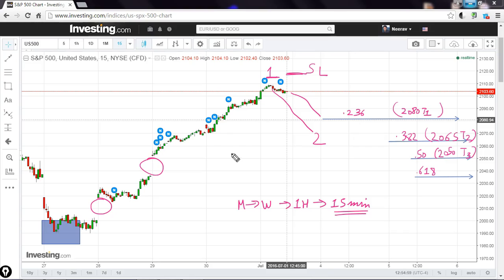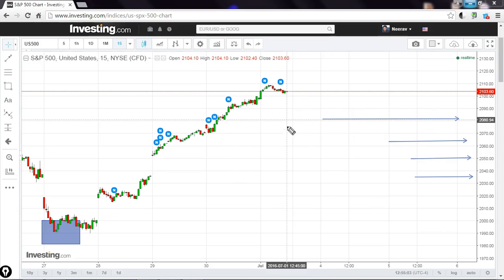nothing special over there. So if you are to go to the lower time frame from this chart onward, then we have established that wave 1 has completed till here, or we have assumed because the data was not clear. So this would be our point of reference, and taking this point as the point of reference, you can go to the 5-minute chart or the 1-minute chart and do your analysis over there.